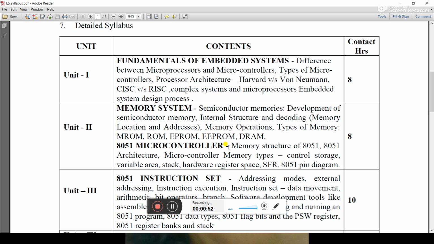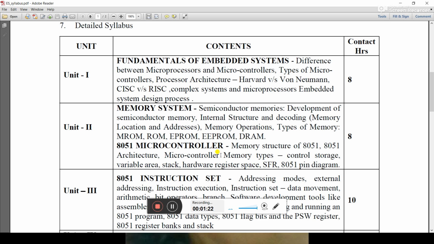In this unit you will find the memory structure of the 8051 architecture, microcontroller memory types, and how the control storage, variable areas, stack, hardware register space, SFRs, and the 8051 pin diagram work. So all these things you will find in the 8051 microcontroller.